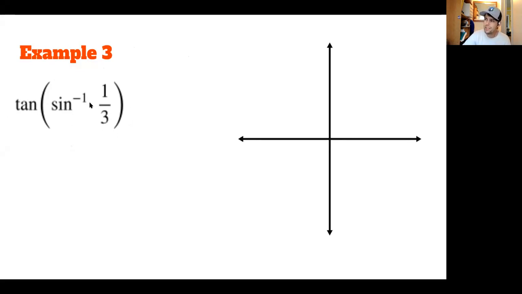So again, we kind of know this isn't a unit circle problem really for us when you see something like this, where the sine value, that ratio here, is not one of our standard unit circle values. So we have a couple ways of going about this. If it's a sine or cosine value, then we can set up a right triangle where we have an angle and we turn that into a right triangle.